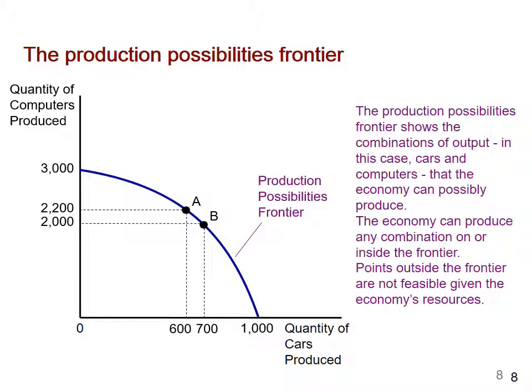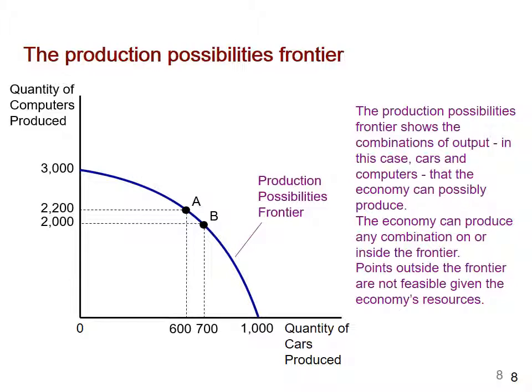The only way it can get more cars or move to a point like B is if it gives up computers. That's because at point A, this country is employing all its workers, is using all its machines and all the resources that it has at its disposal, and is doing it in the best possible way.